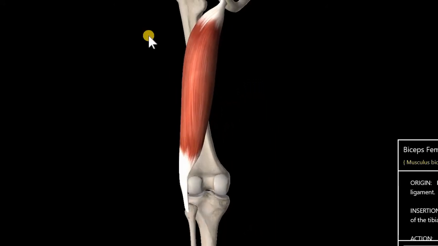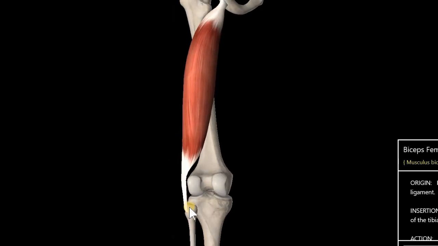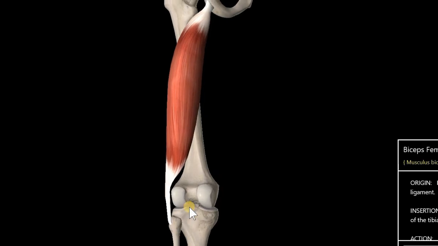Posterior view. We have origin at the ischial tuberosity, and then insertion goes down to the head of the fibula. From a PT perspective or a sports medicine perspective, this muscle in particular, if the hamstring is going to get hurt, it's usually this one, the biceps femoris long head.